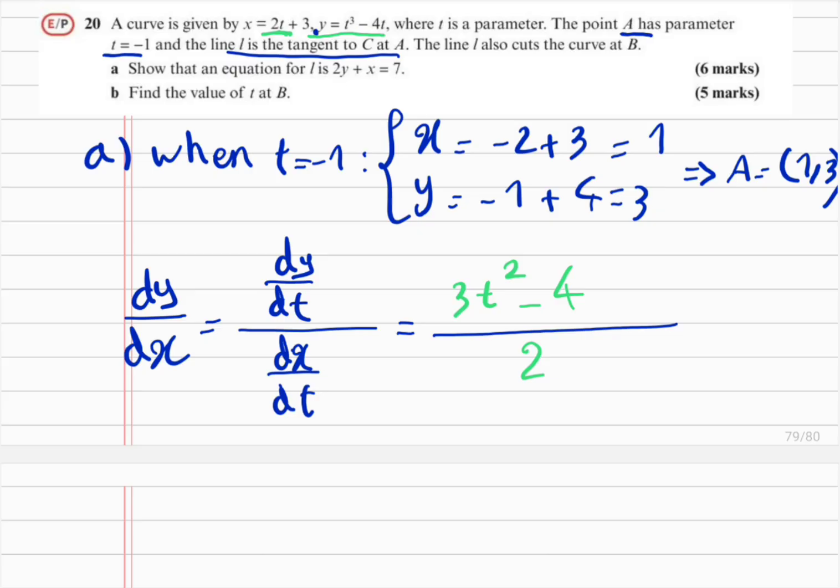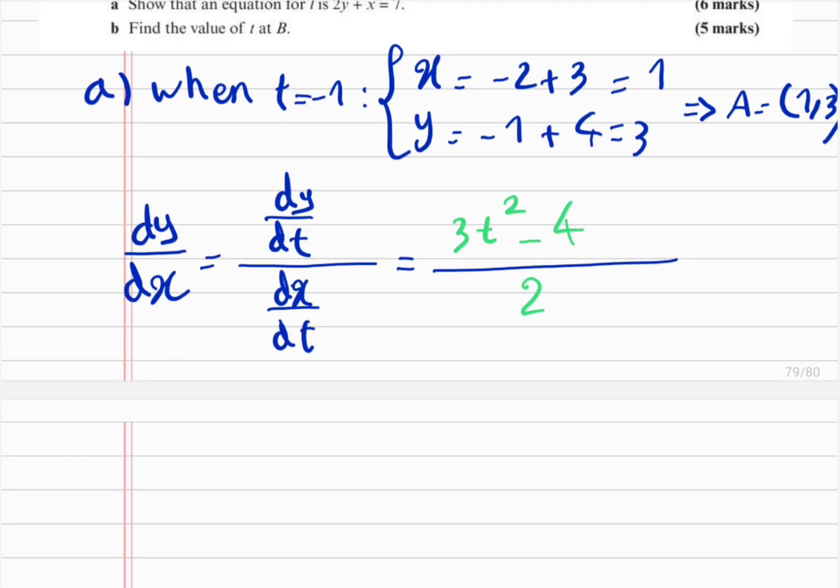So this is dy by dx, but in order to find the tangent, we need to substitute the value of t is equal to minus 1. Remember that at the point A, t is equal to minus 1. So in order to find the gradient of the tangent, which passes through the point A, we substitute t is equal to minus 1 here.